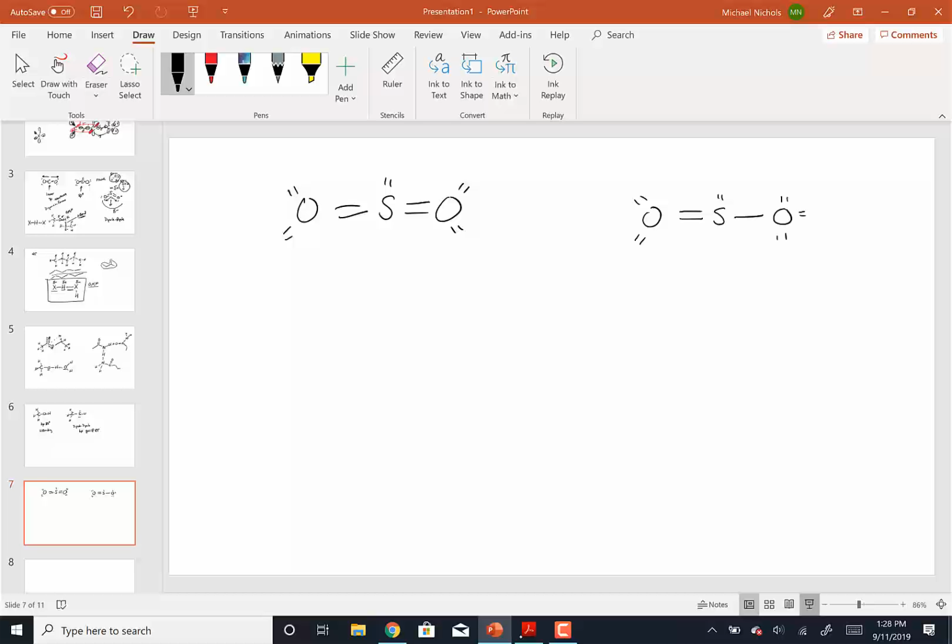Did somebody get the opposite, where it's like this? Okay, so we have resonance structures.